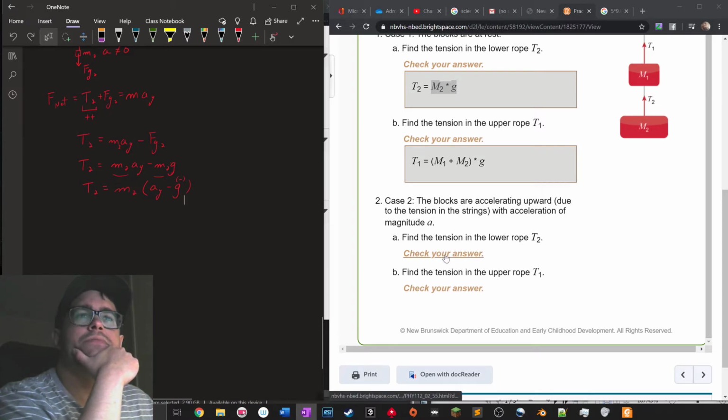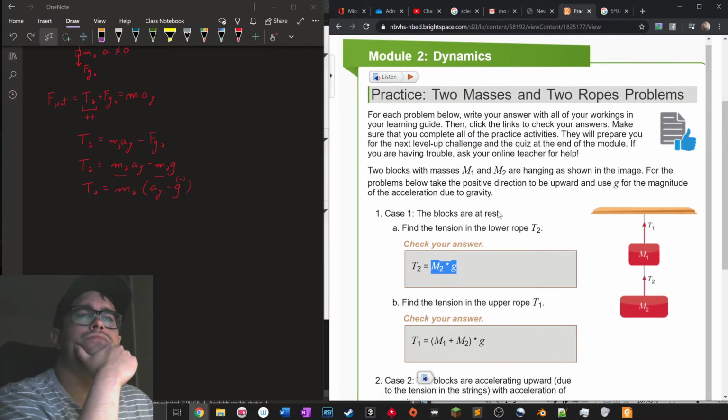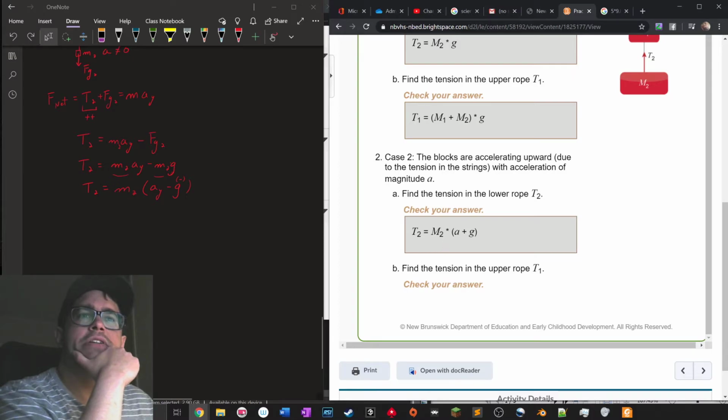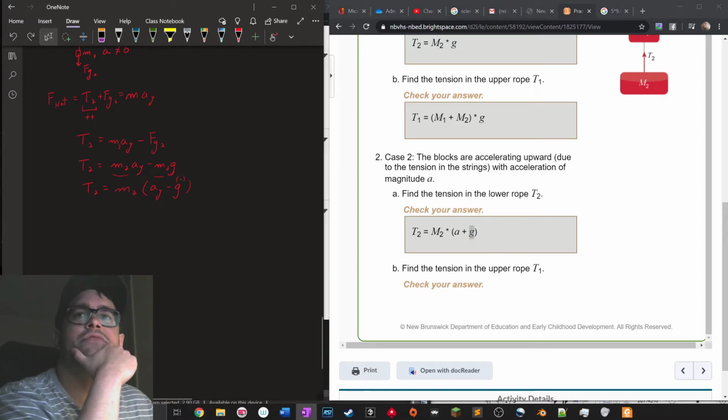Let's see what they think. So T2 is M2 times A plus G in this case, because the G is negative. Not negative for them. But my negative G here cancels out the negative there. So you get why I like to put this here.